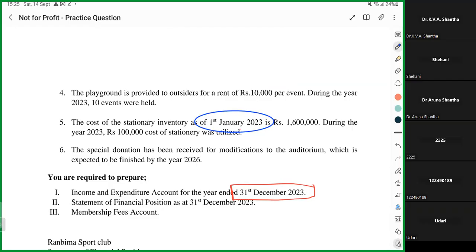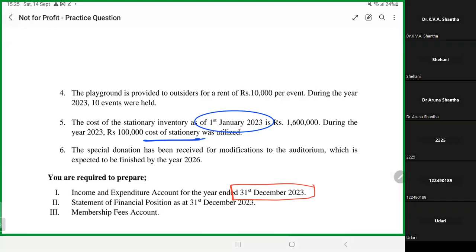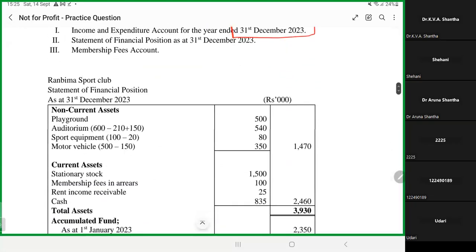During the year, 100,000 inventory utilized. So that should be your expense. So stationery expense should be 100.